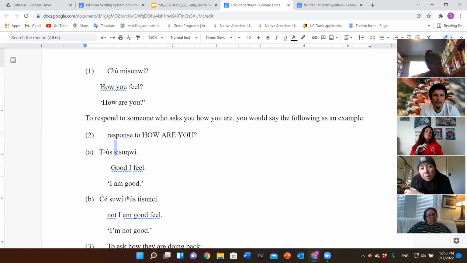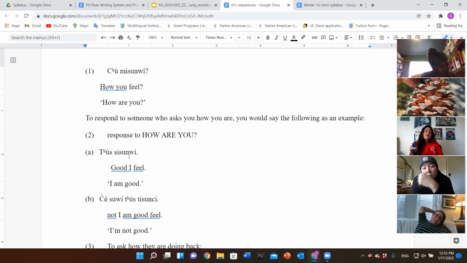And then the Su here is feel. So this is you feel, and then this is I feel. So that's what I mean by the pieces. All the little pieces that make up a bigger word all mean something.